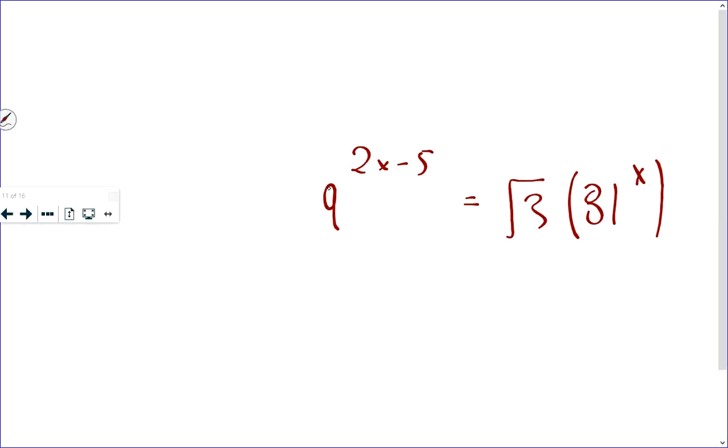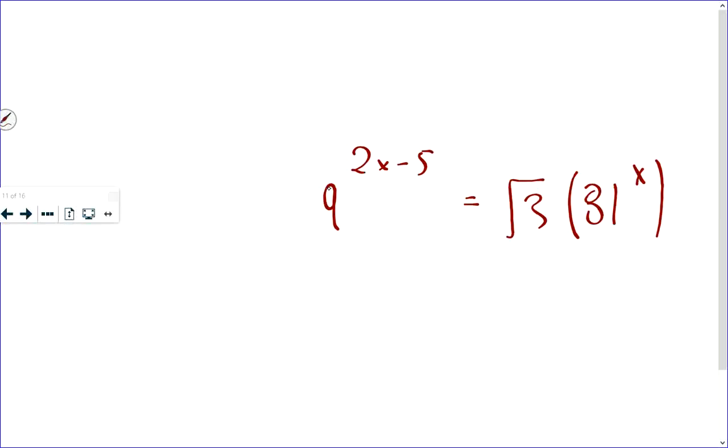Yes, you could. You could always do that. But taking the logarithm of both sides of an exponential equation to solve it, when you could instead use a common base, is a mistake. It's going to get too complicated.